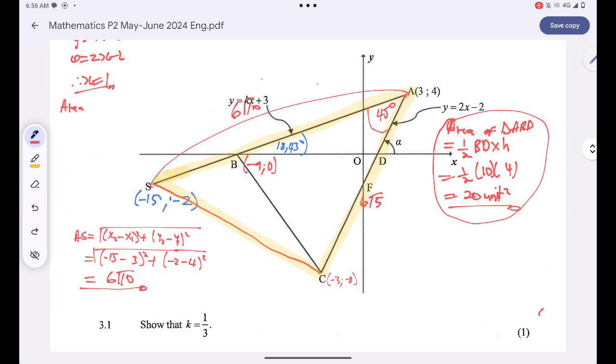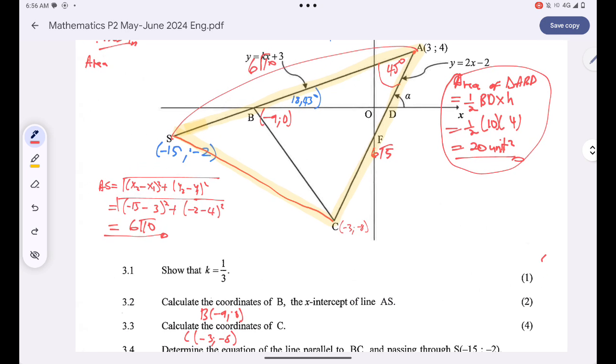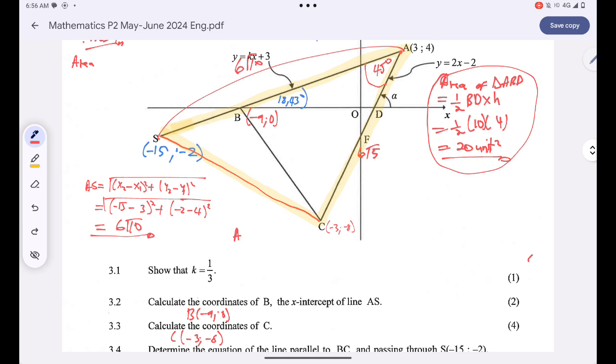Yeah? So for me to find the area of triangle ASC, the area of triangle ASC is 1 over 2 multiplied by AC multiplied by AS multiplied by the sine of angle A. That's 1 over 2 multiplied by 6 root 10, multiplied by 6 root 5 as well, and the sine of 45 degrees.